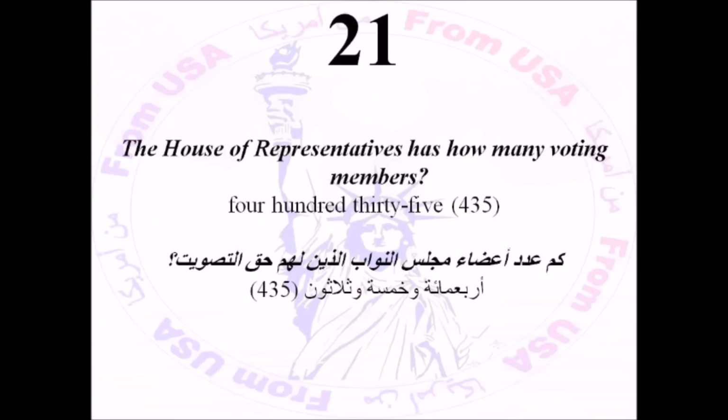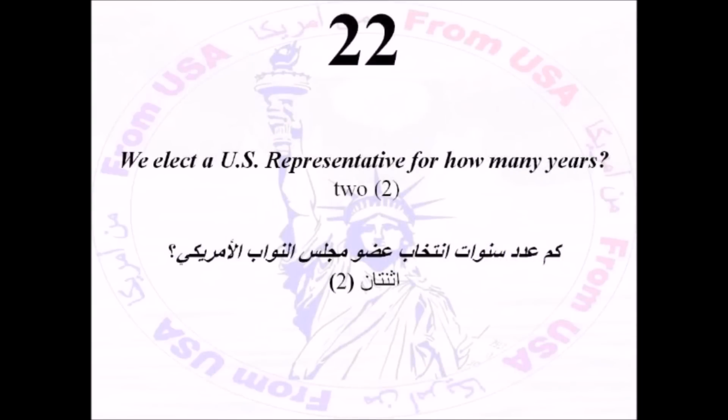The House of Representatives has how many voting members? 435. Number 22. We elect a U.S. representative for how many years? 2.